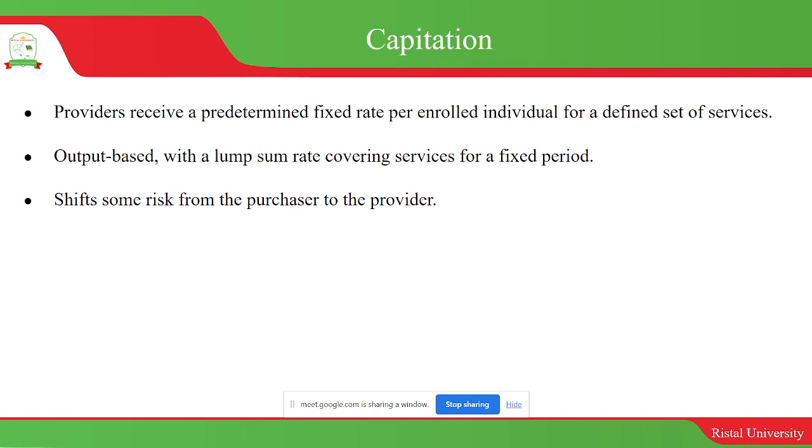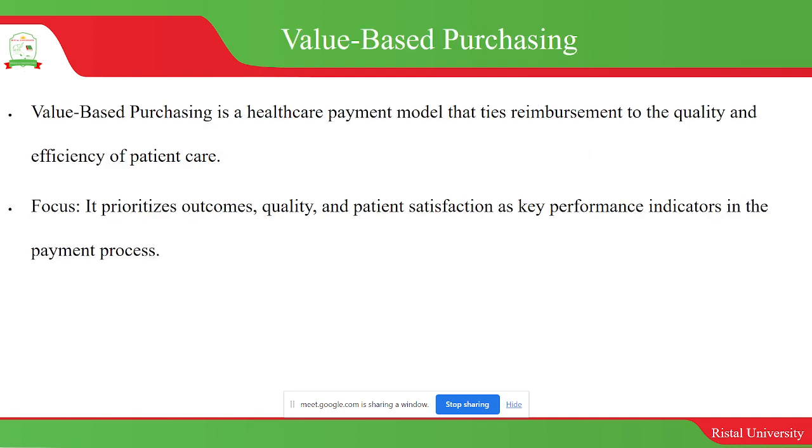So we move to value-based purchasing, which is that the amount of money that is reimbursed to the health provider is related to the quality and efficiency of the patient care. So there should be value for money. You don't just receive money because you are supposed to receive it. You receive money based on the quality of care that you're providing and the health outcomes that you're having.